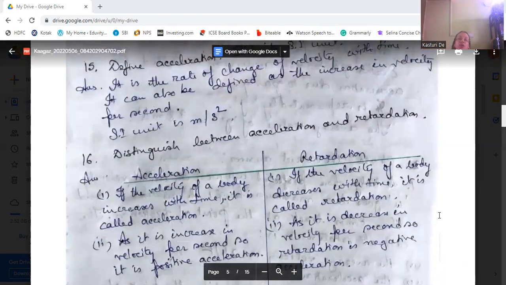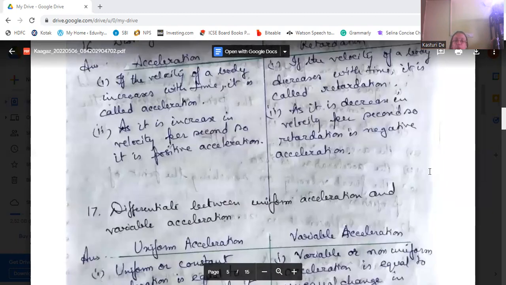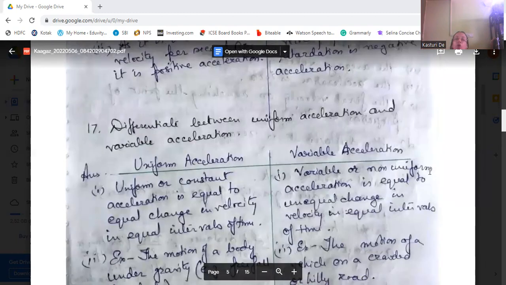Acceleration is an increase in velocity per second, so it's positive acceleration. Retardation is a decrease in velocity per second, so retardation will be negative acceleration.